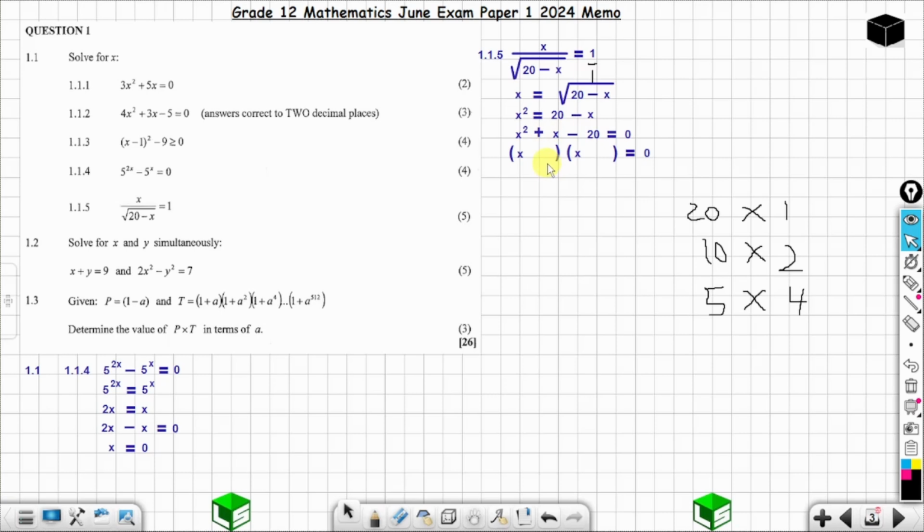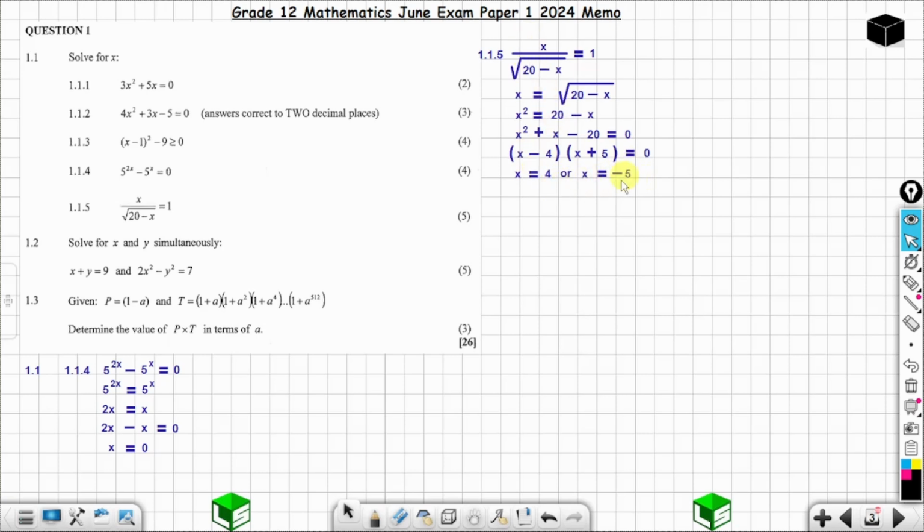So I can use 5 and 4, and then minus there and plus there, because 5 minus 4, I'm going to have 1. Okay, so this is how you can factorize. Now from this, x is equal to 4, or x is equal to minus 5.